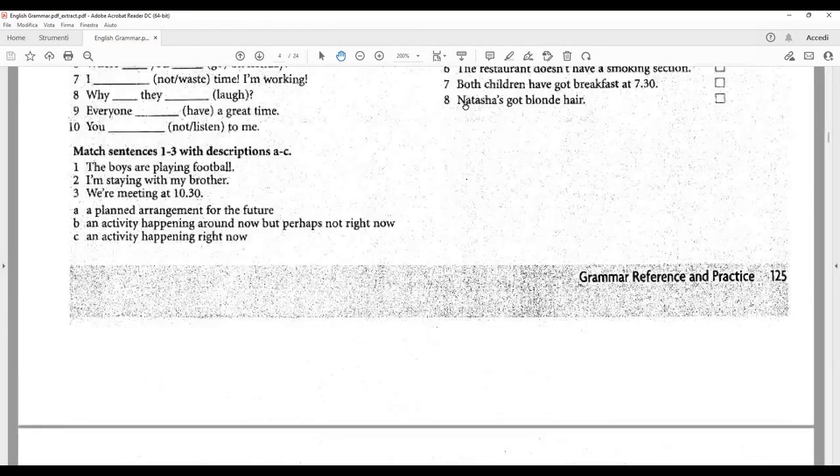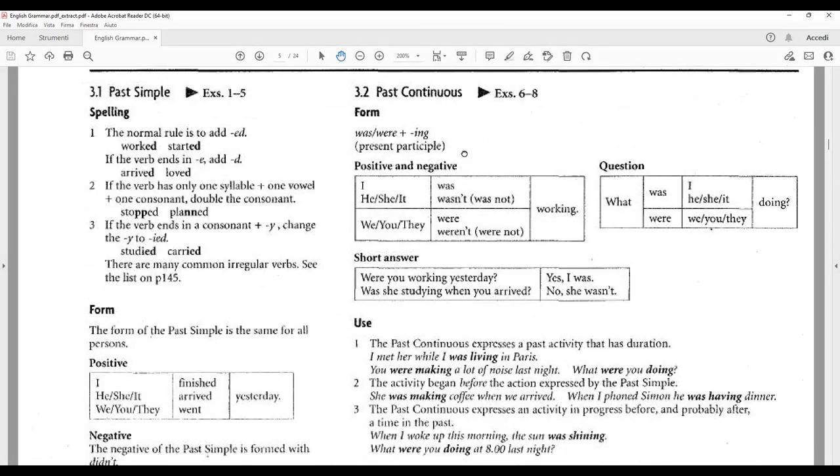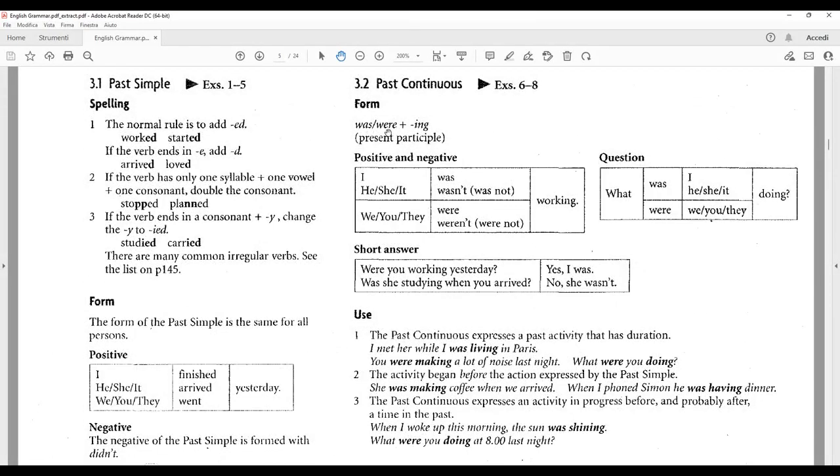For the past continuous, we use was, were plus ing, ok?